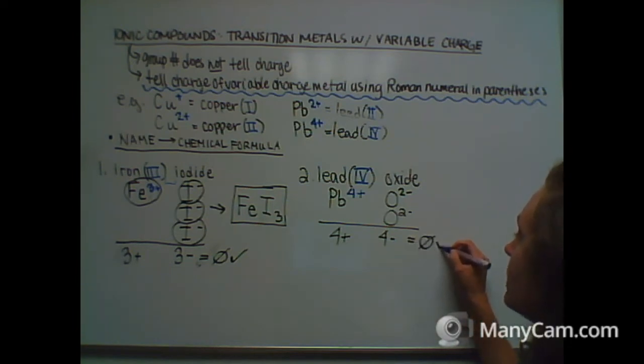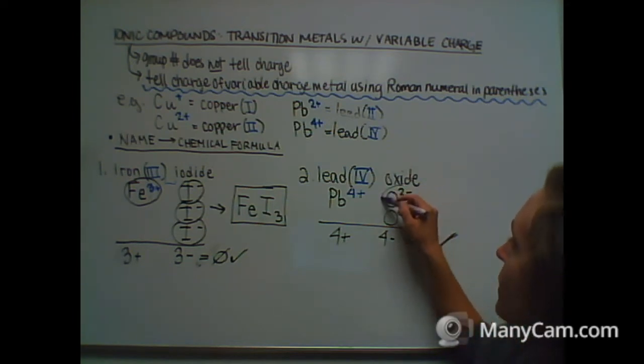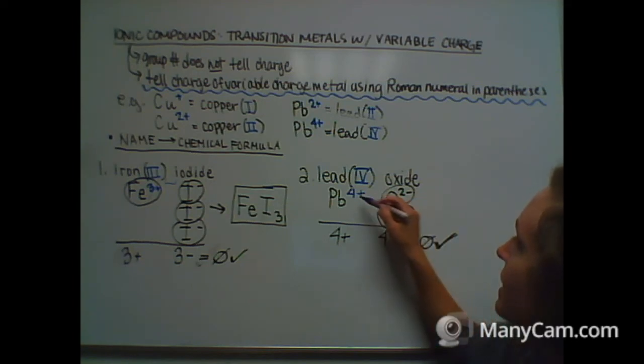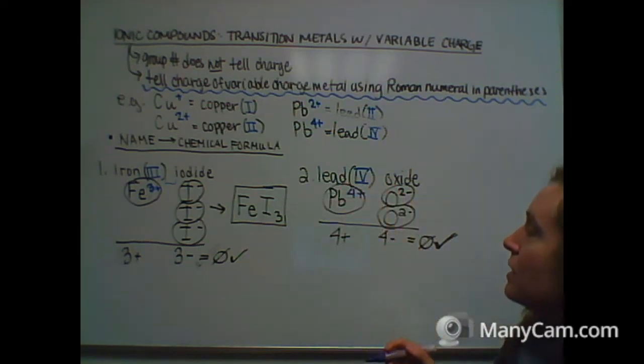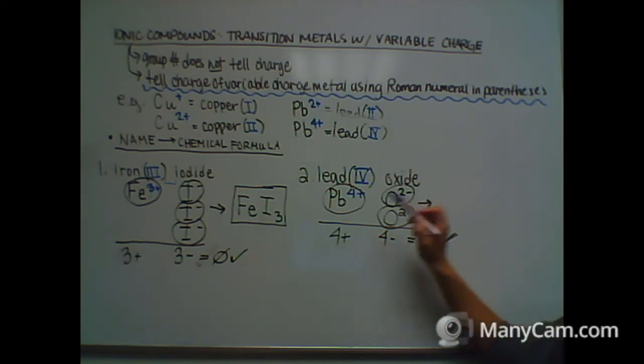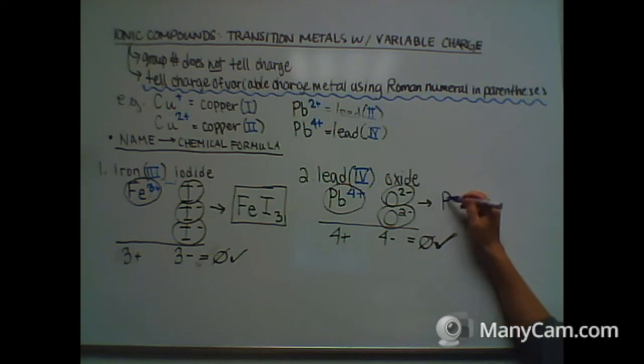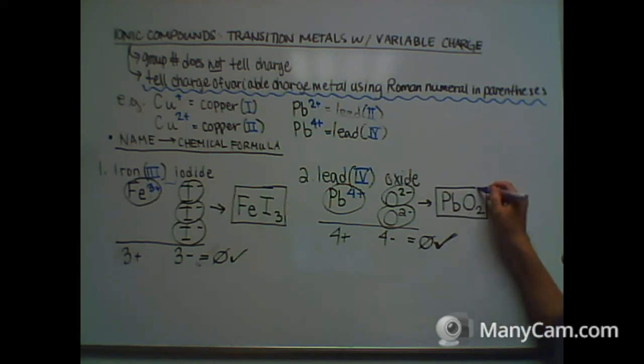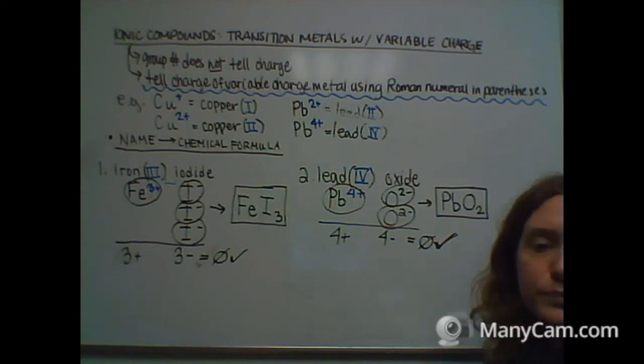That's a 0 net charge, all set. So now we can take the ions together and write the chemical formula with the proper ratio of cations to anions. So we've got 1 lead, right? And 1, 2 oxides. So that is our chemical formula.